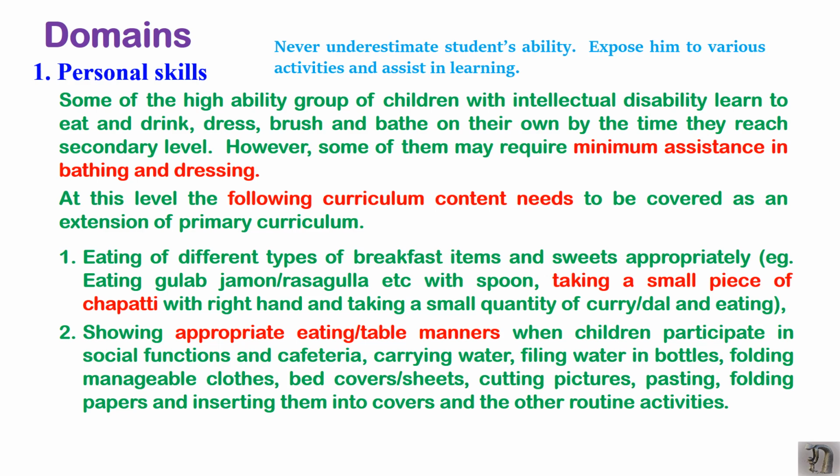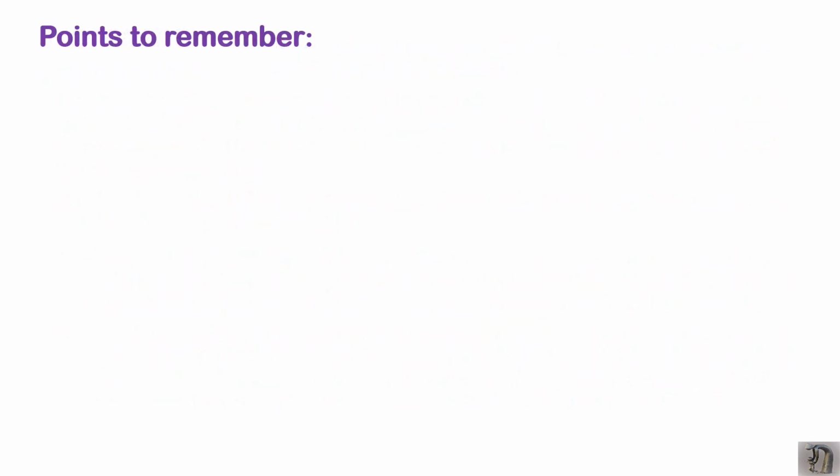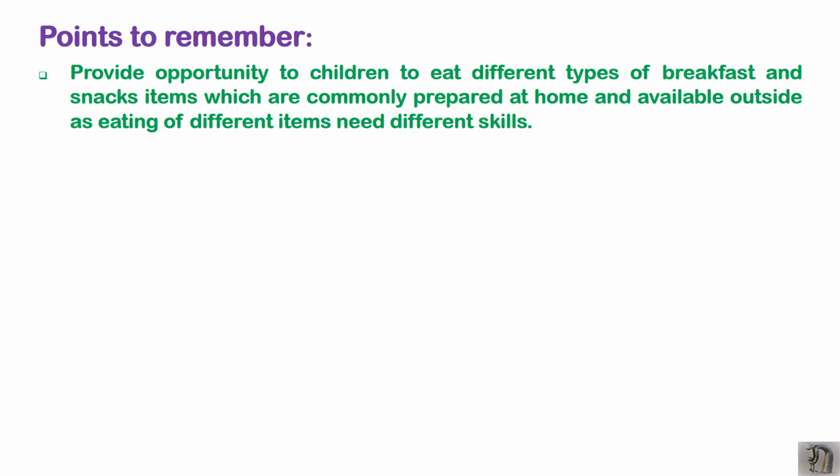If you expose them in different situations, in various activities, I assure you that your child will be successful. Okay, so this is about personal skills, but you need to remember some important points when you teach or when you prepare a curriculum of personal skills in secondary.